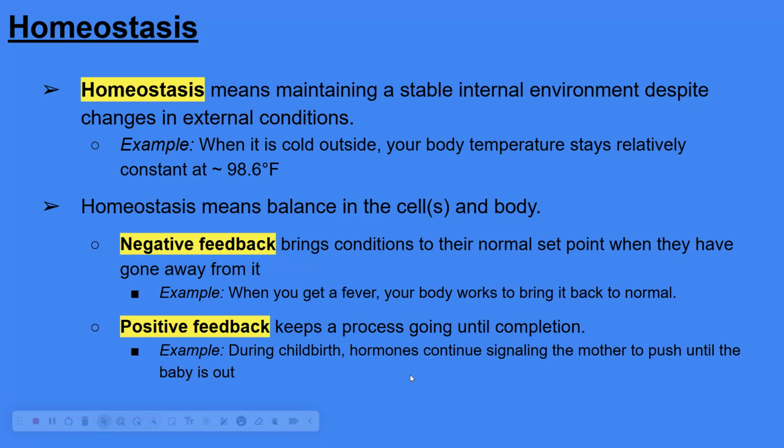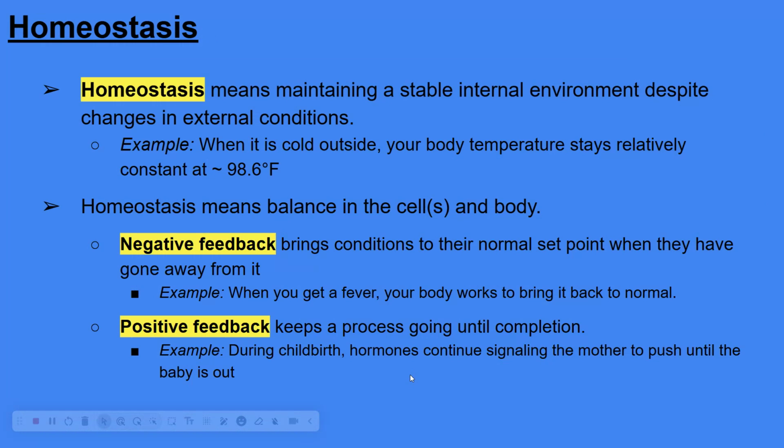Homeostasis goes with cell transport, and we'll explain why on the next slide. Homeostasis means maintaining a stable internal environment in the cell or body, despite changes in the external conditions. The example is when it's cold outside, your body temperature stays relatively constant at around 98.6 degrees.